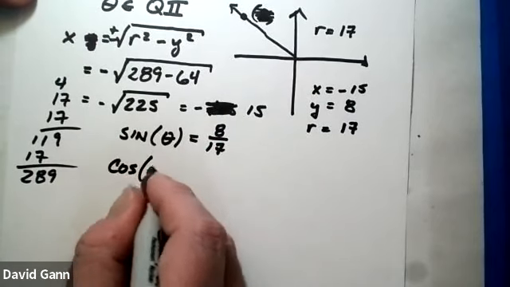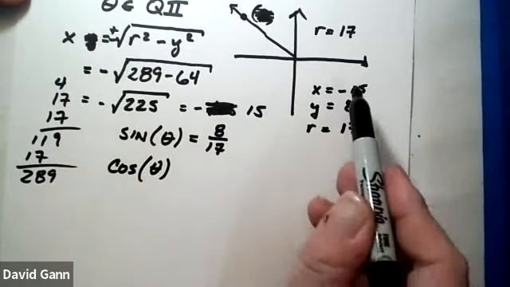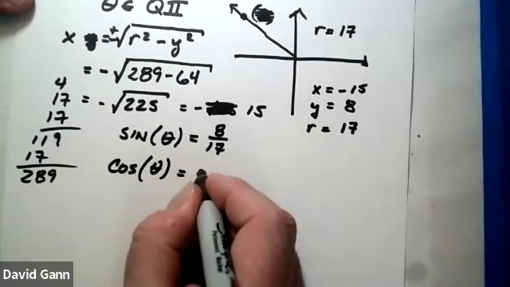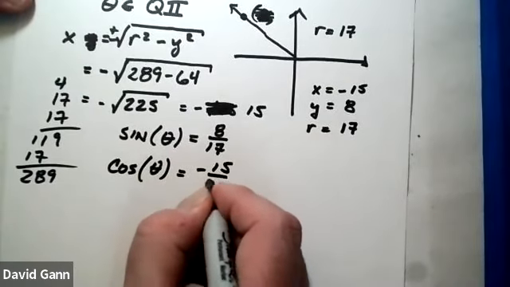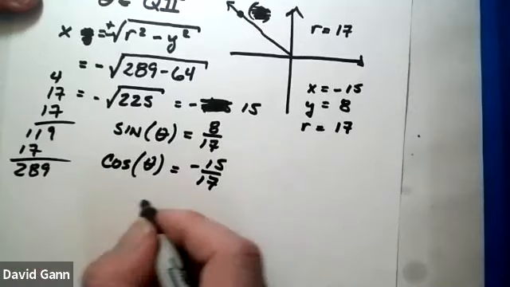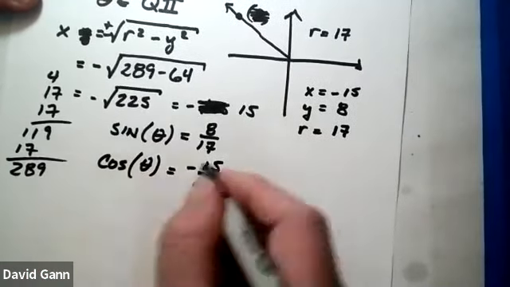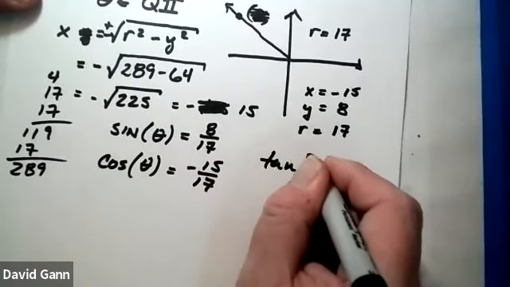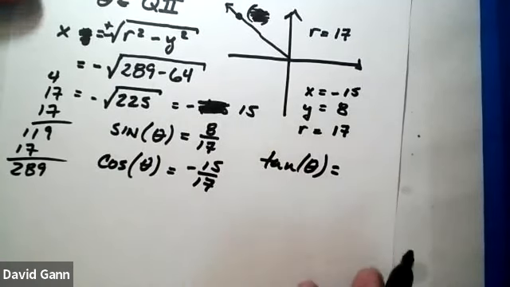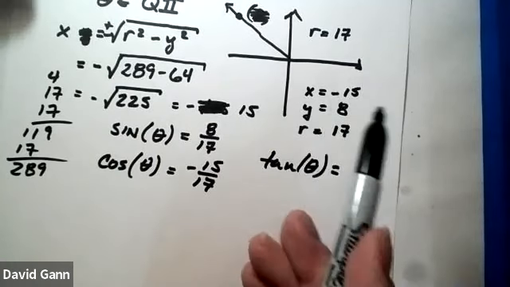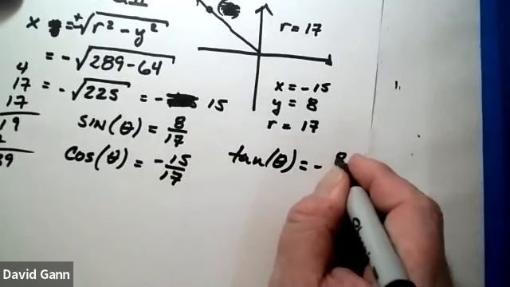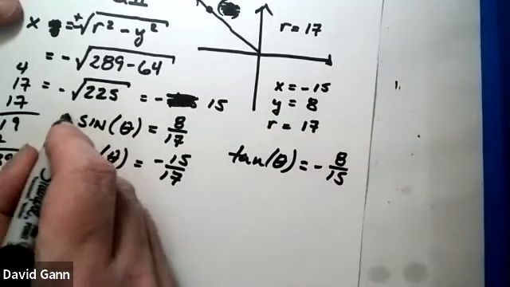Cosine of theta, well, that's just going to be x over r, so that's equal to negative 15 over 17. And then finally, tangent of theta, I'll put it right here so we can kind of box them all, is going to be equal to y over x, or negative 8 over 15.